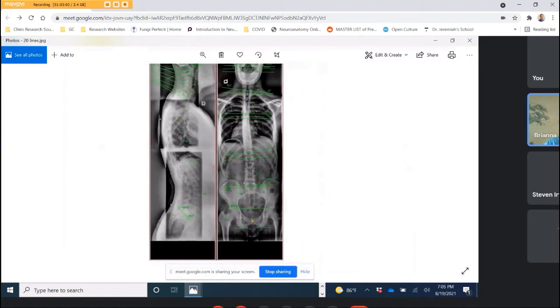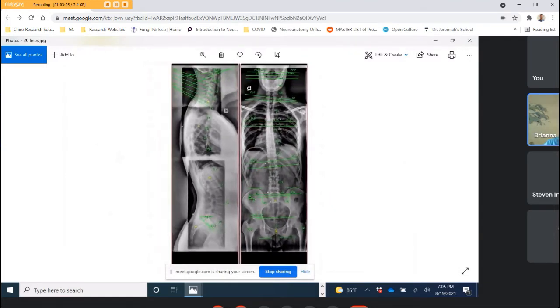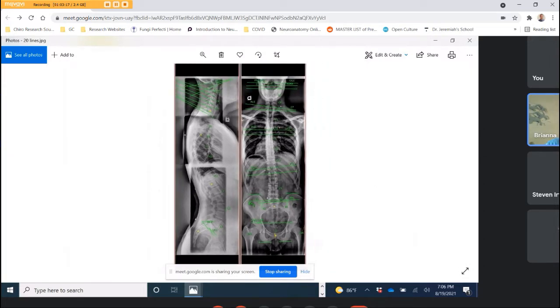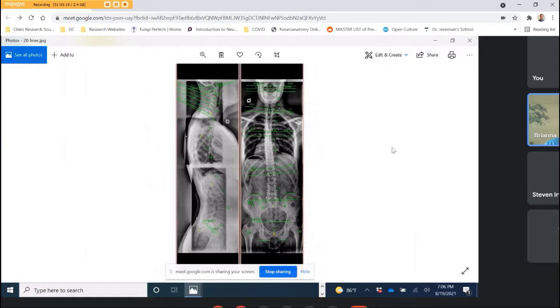Remember, these X-rays are a split second in time for that patient. And so you have to always remember that once you start adjusting that spine, you're changing it. So it's not abnormal to have slightly different listings.